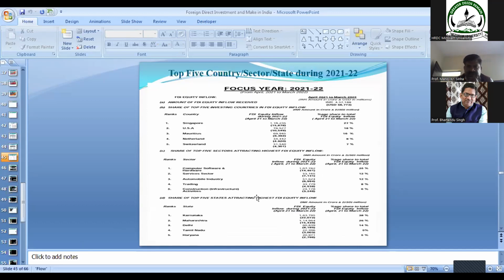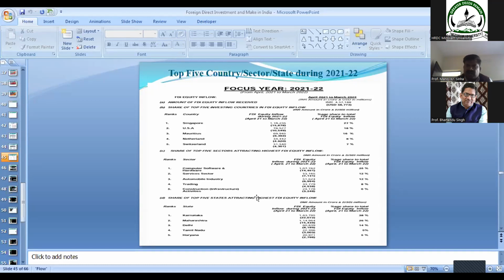Another important aspect of FDI inflow in India is that FDI is limited, or investment is concentrated in a few states only, and other states have almost negligible share. Particularly, we can take the northeast states, Bihar, Orissa, Uttar Pradesh, Madhya Pradesh.